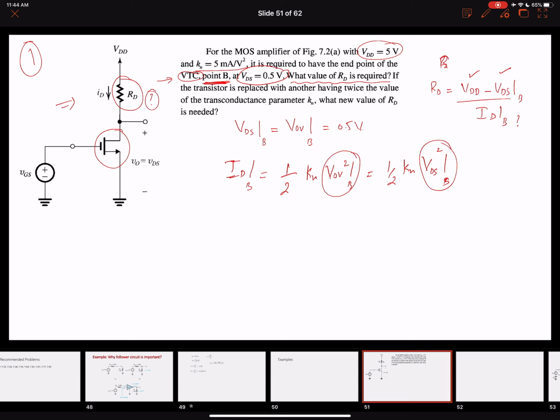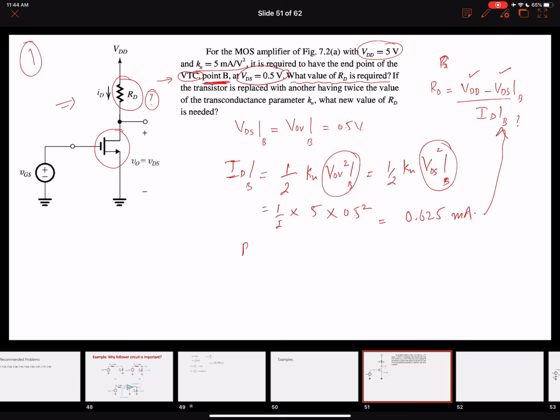If we put down these values, half, our Kn value is 5, and our overdrive voltage is 0.5 squared. If you calculate all of these, the answer comes out to be 0.625 milliamperes.